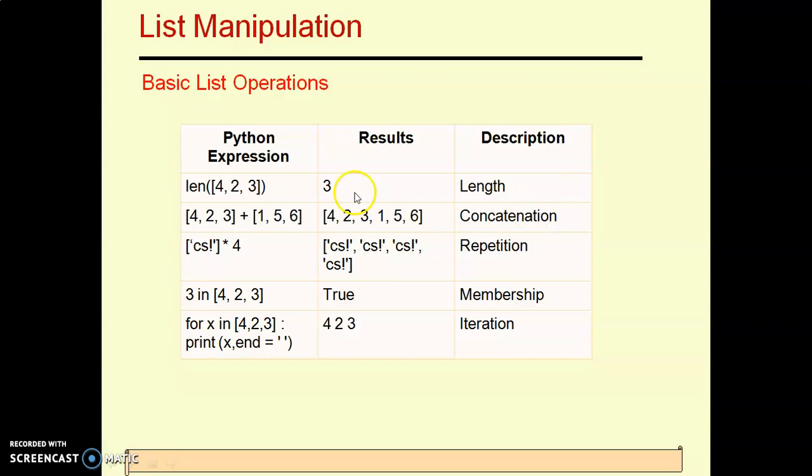Now, the addition operator: if you put it between two lists, it will act as concatenation. Always remember that the list which is in front, the first operand, its elements will come first, then the elements of the last operand. Next is repetition.